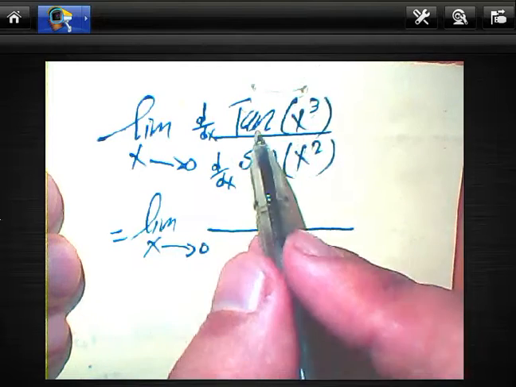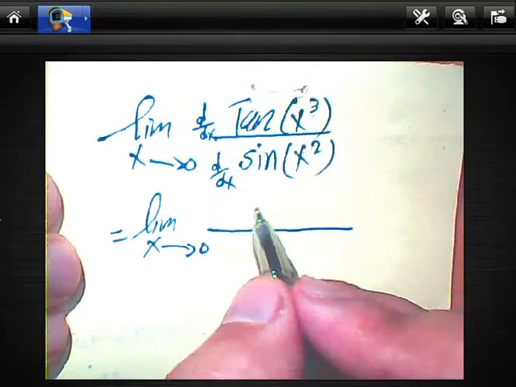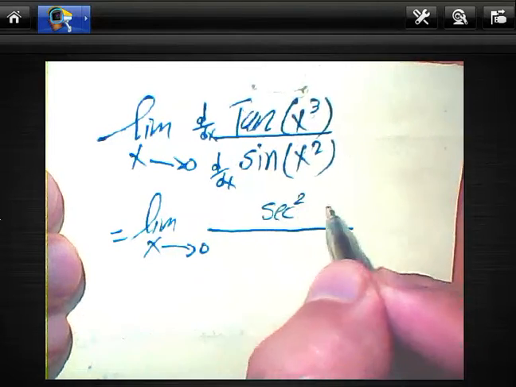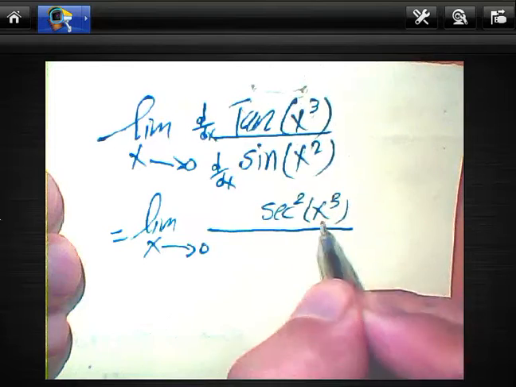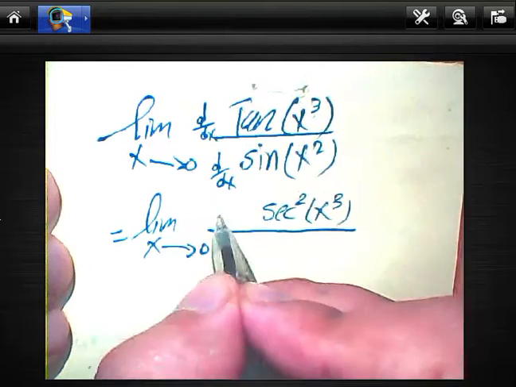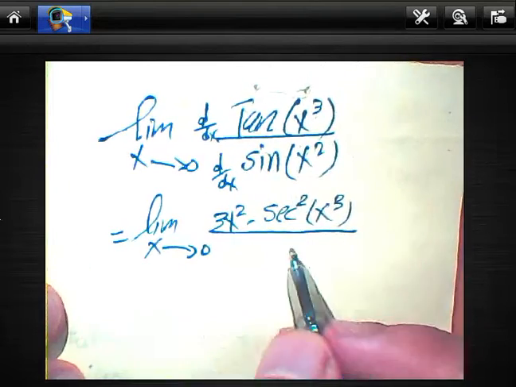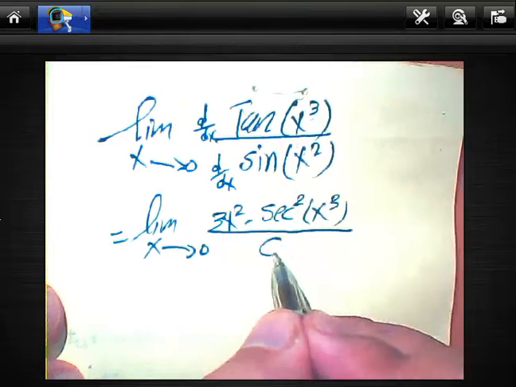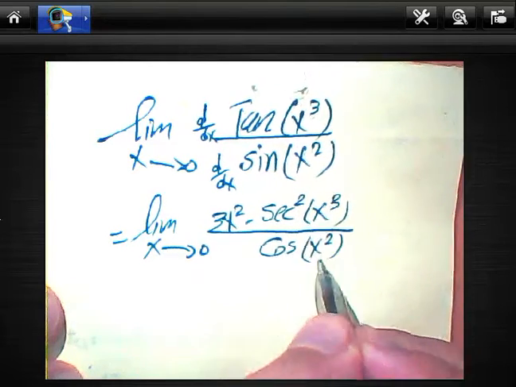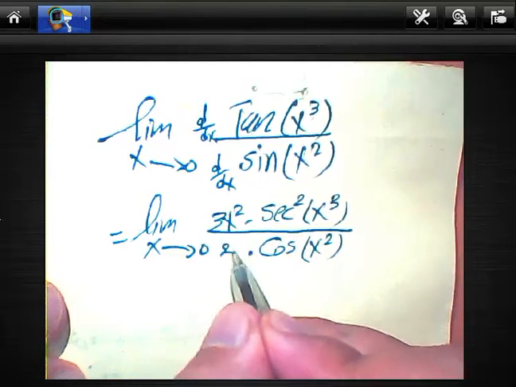We want the derivative of tan, which we know is sec squared, so sec squared of x cubed, times the derivative of the angle, which is 3x squared. And what about the denominator? The derivative of sine is cosine x squared, and the derivative of the angle is 2x.